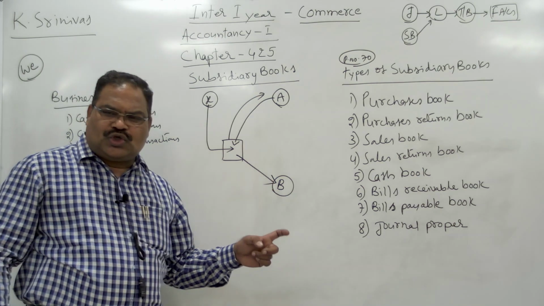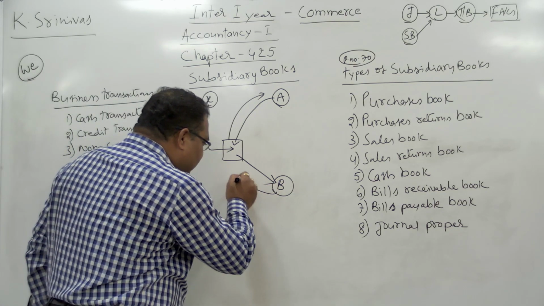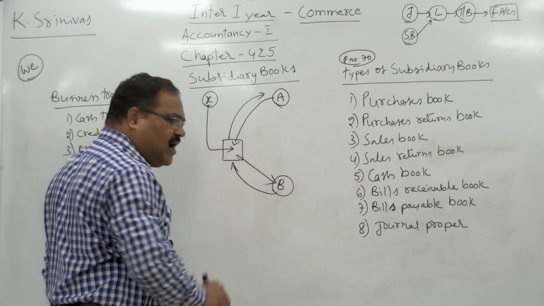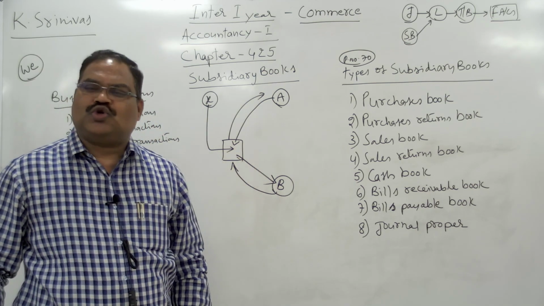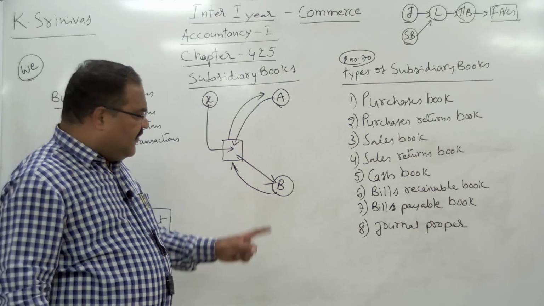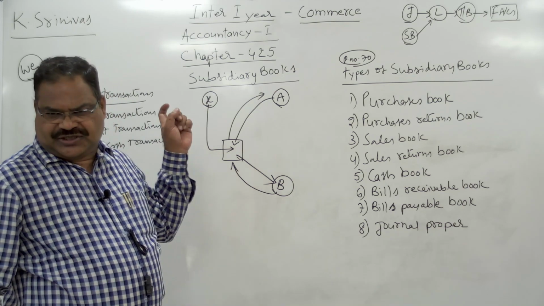We sold goods to B on cash. Cash is coming in and goods are going out. It is called a cash transaction. Goods sold on cash. We have handed over goods and we have taken cash.